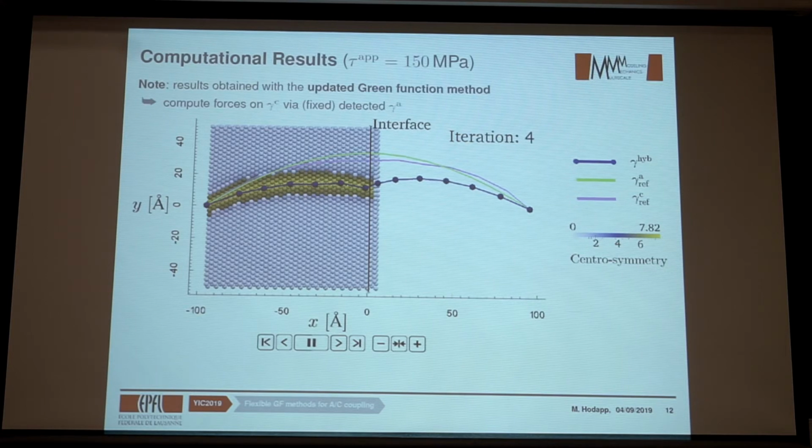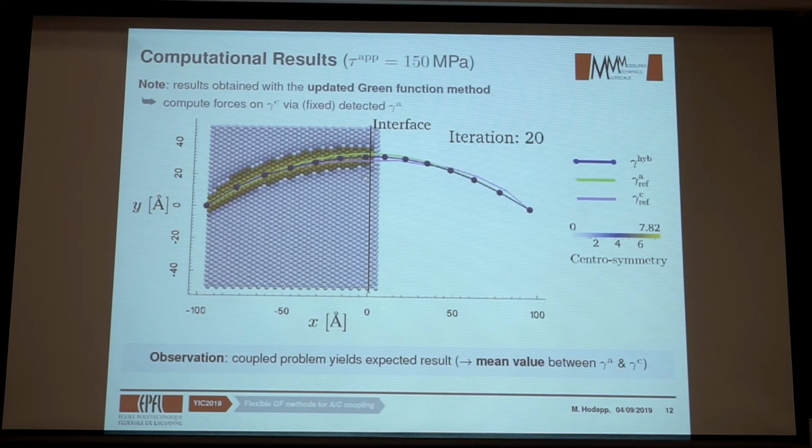To comment on the final solution, what we have here is the two reference solutions which deviate slightly. And what you expect from the coupled problem is that it lies in between the two reference solutions, because the problem is symmetric, and exactly that's what we observe here.